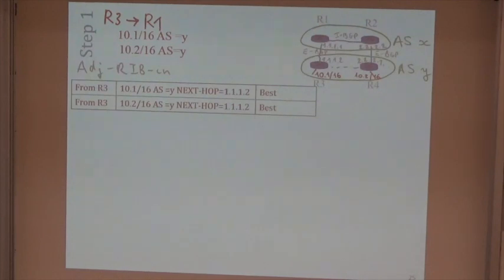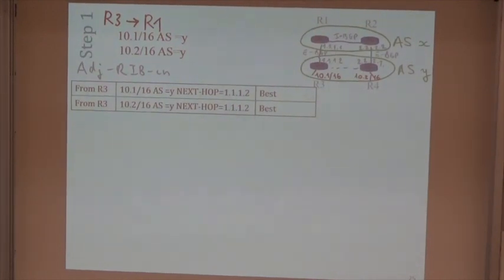So the next hop is an IP address that can be used to go to this router that is advertising this here. And this IP address is an IP address of a link between the two domains. And this is the only thing that is shared in BGP. This IP address is considered as internal by both domains.